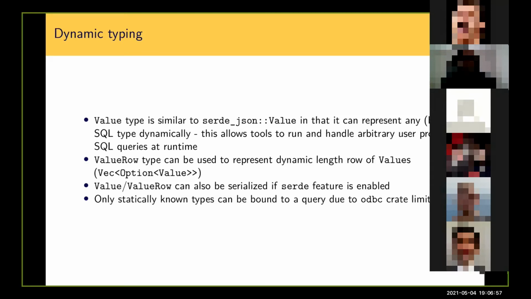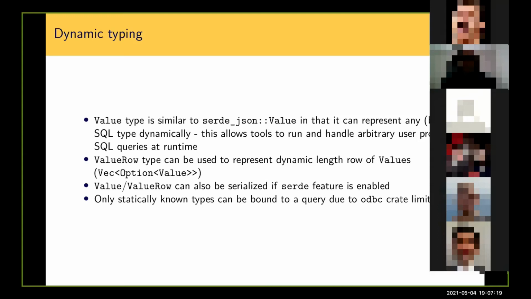So a bit on dynamic typing. There is also support for a type called value, which is a bit like JSON's serde value, in that it can represent any of the SQL types that I've implemented for it. So that should be most of the basic types you can expect.